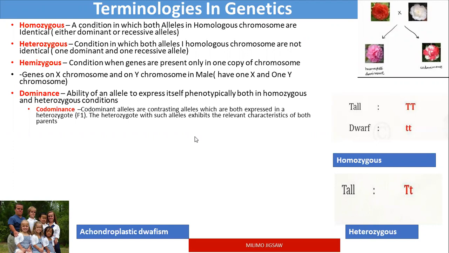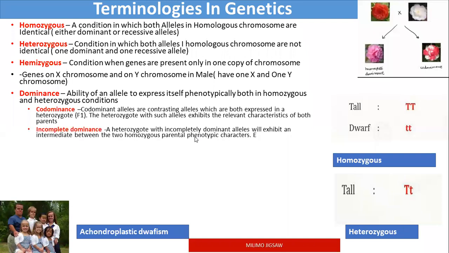So in the F1 generation, after the parents have been crossed, they are both expressed. The heterozygote with such alleles is going to exhibit the relevant characteristics of both parents under codominance.